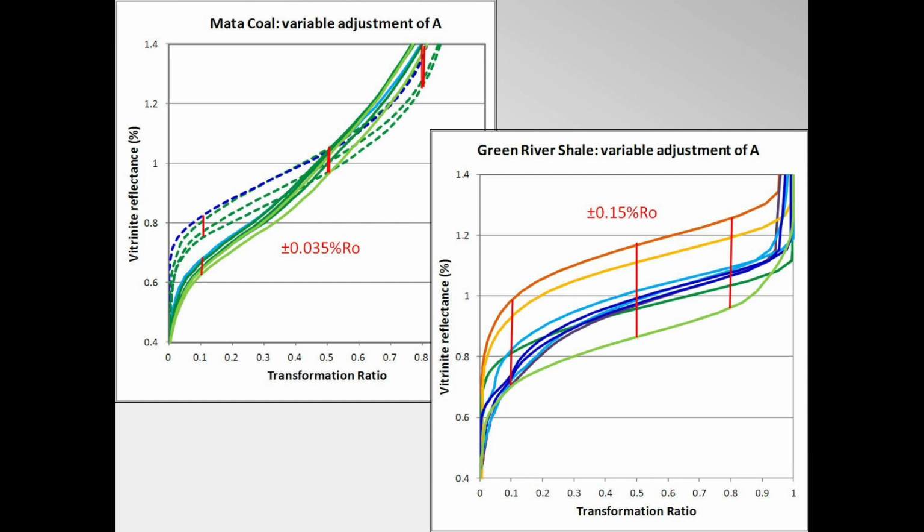The Green River shale, in contrast, as a heterogeneous unit, is susceptible to mislabeling, careless identification, or lumping of different organophases, as shown in the lower right here, where a number of samples that were all simply called Green River shale clearly do not yield identical kinetics and therefore don't represent the same organophases.